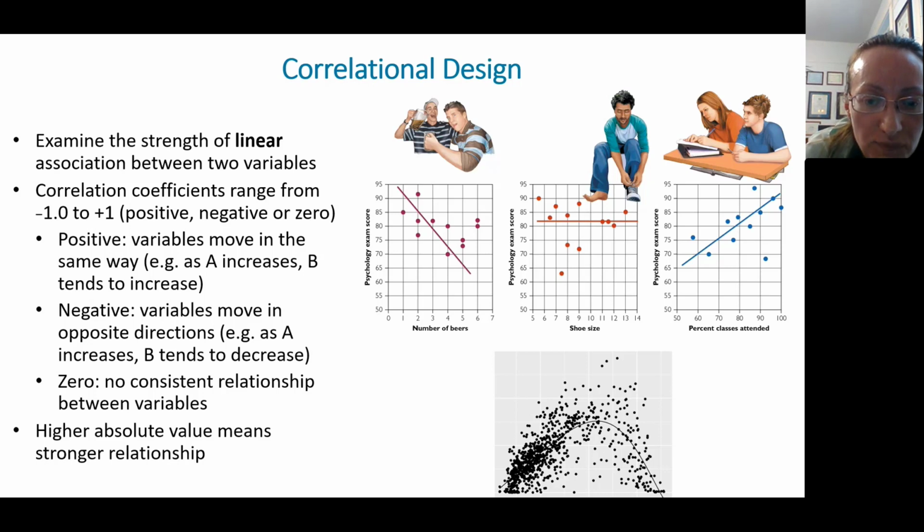So the higher the percentage of classes attended, in general, the better the midterm score of the students. I can see an outlier over here; this point falls pretty far from the line. That person attended most of the classes and got a lower grade than we would expect for somebody that attends that much class.